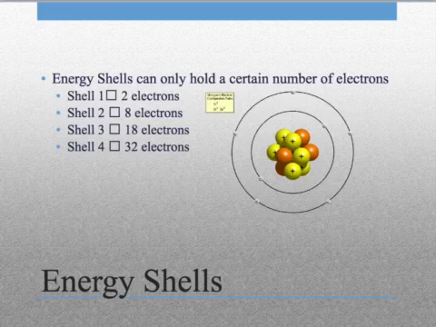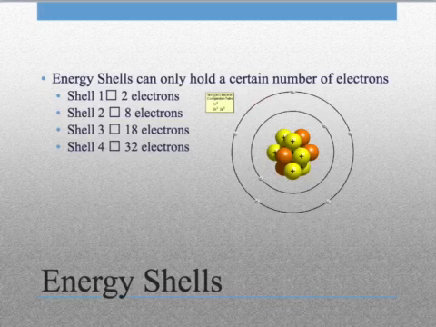When we draw Bohr models, Bohr comes from the scientist that we covered, Niels Bohr, and his idea was that the electrons orbit around the nucleus in shells, these different energy levels, and they go around the nucleus like a planet goes around the sun.